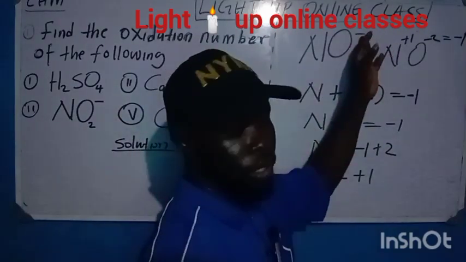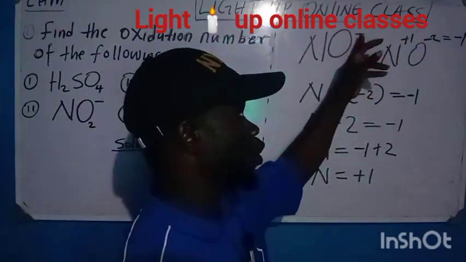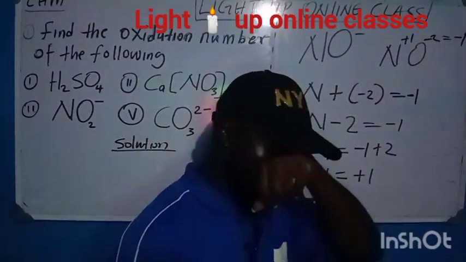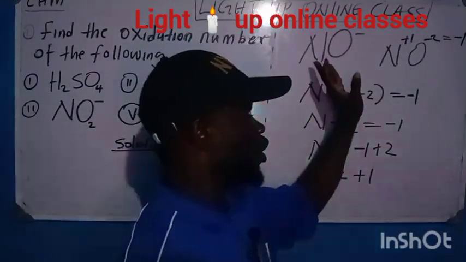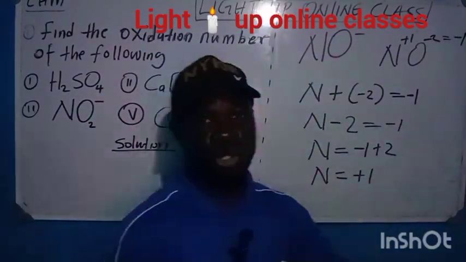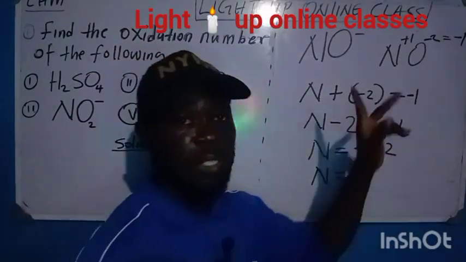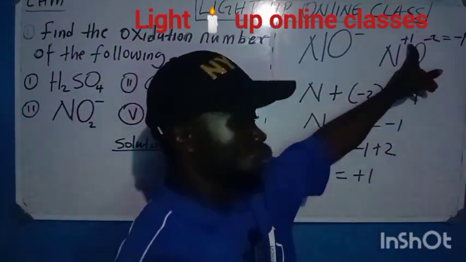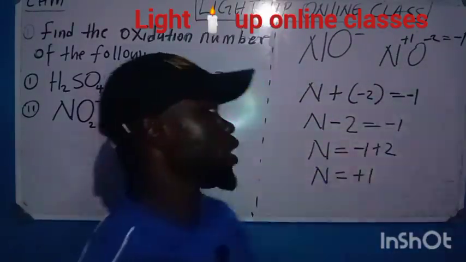So the sum of the oxidation numbers of an ionic compound is equal to the charge on that compound. That is what is there. So you sum -2 plus 1, it will give you -1.